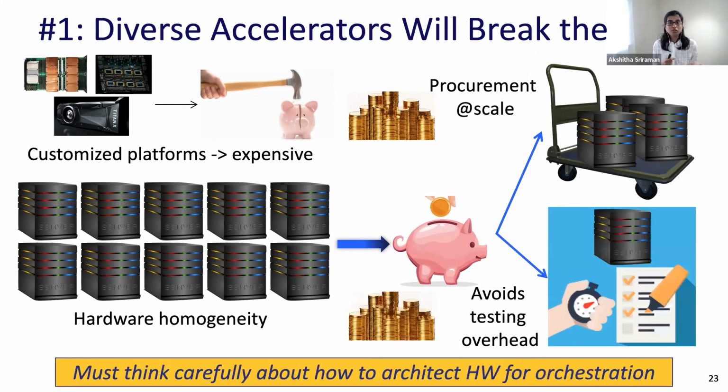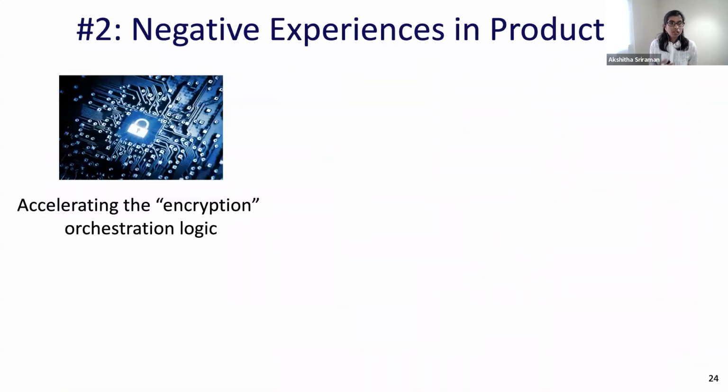And you also don't have to develop, deploy, and test on a whole host of different platforms. So really, we need to think very carefully about how we should even architect hardware for some of these orchestration operations.